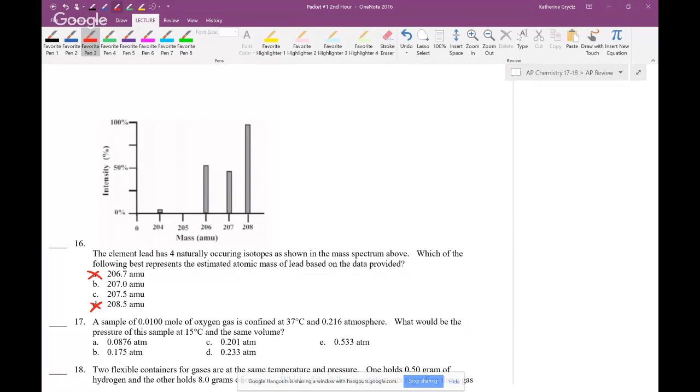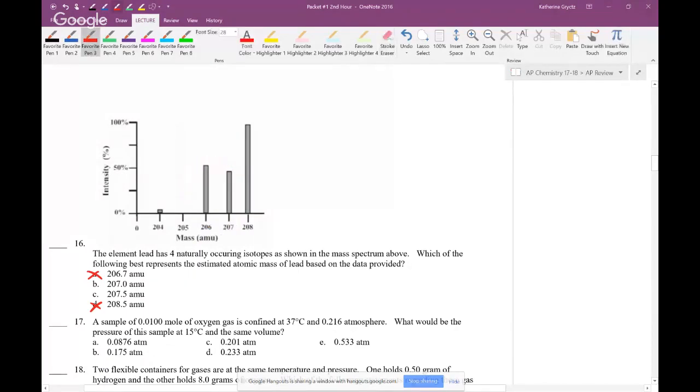Okay, is everyone on board why it's not A, and why it can't be D? So you have more 208, but then you also have some 204. And these two combined are going to be bigger than the 208.